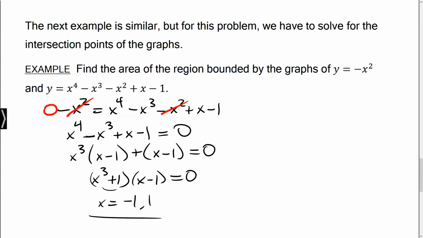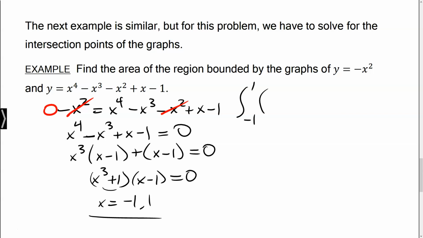So how would we set up this integral? Well, it would be the integral between negative 1 and 1 of, and here's what you have to be careful of, the top function minus the bottom function. So it has to be the function that's bigger, not necessarily the higher degree polynomial or the one that symbolically looks bigger, the one that's actually bigger. Sometimes the bigger function doesn't look bigger if you just look at it symbolically.